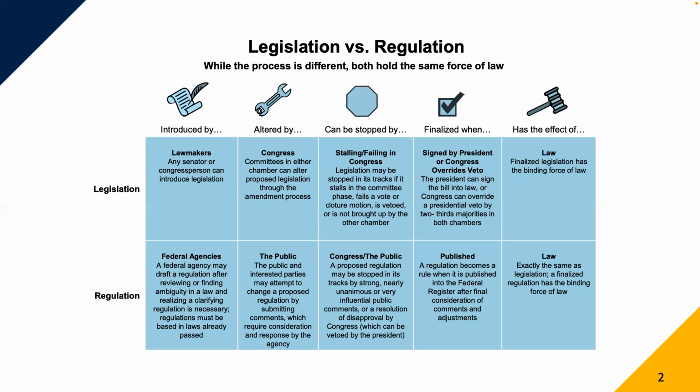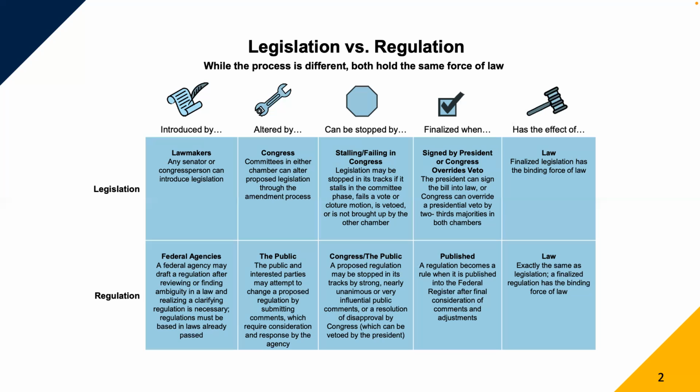So what happens is a senator or someone in the House of Representatives can introduce a law. And that has to go through this whole procedural process of going through the respective House and Senate, as well as through committees that evaluate and change the bill.